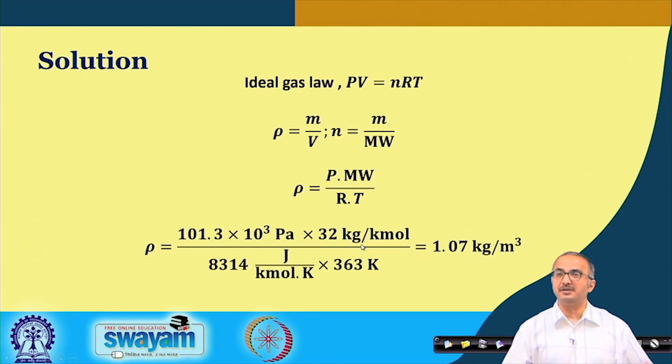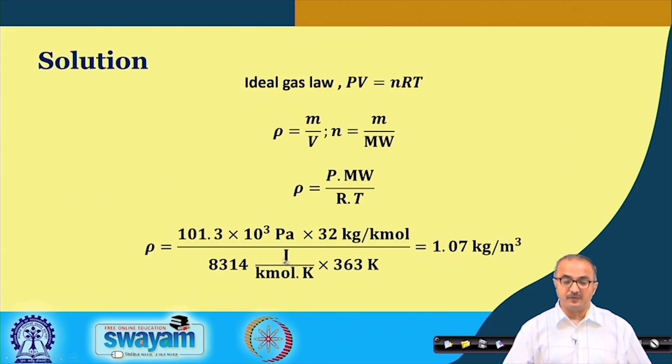Here we are reporting everything in SI units, so we are putting in kg per kilomole, and then the universal gas constant, that is 8.314 joule per mole per Kelvin. Because we are working in kilomoles, we have multiplied the 8.314 by 1000, that is 8314 joule per kilomole per Kelvin.